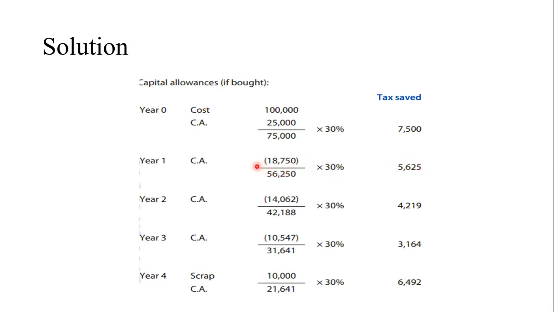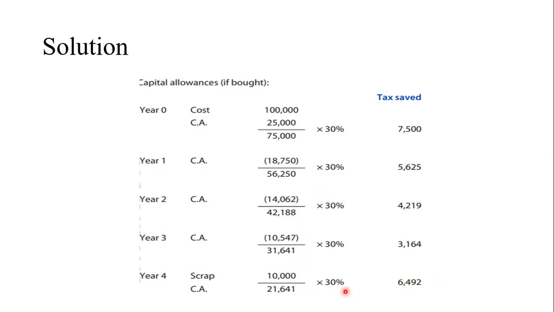Then you'll be left with a balance of 75,000 less 18,750, which is 56,250. So then you bring this to the next year. 56,250 multiplied by 25% gives you 14,062.5, approximately. And then your tax savings would arise from here. So we follow the same procedure, and then we get all our figures.